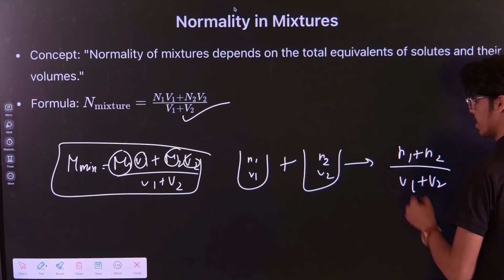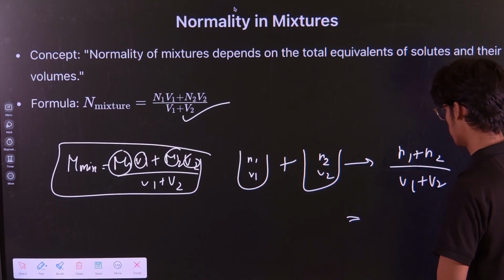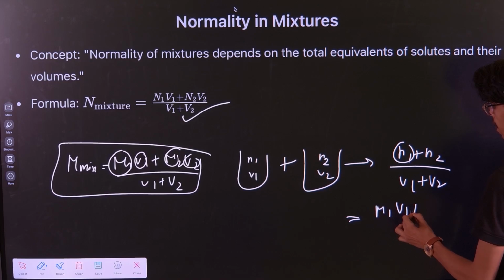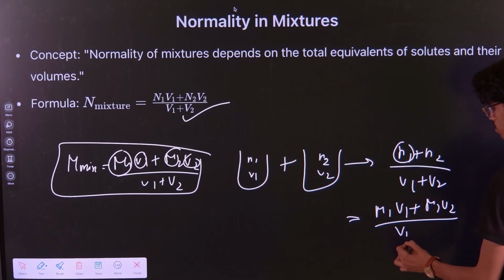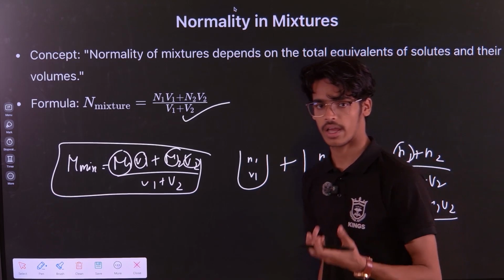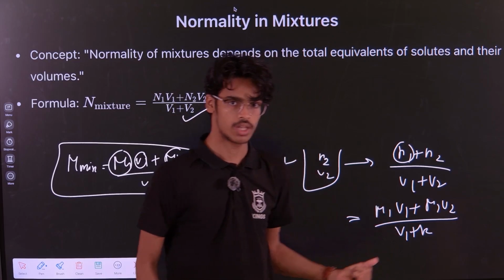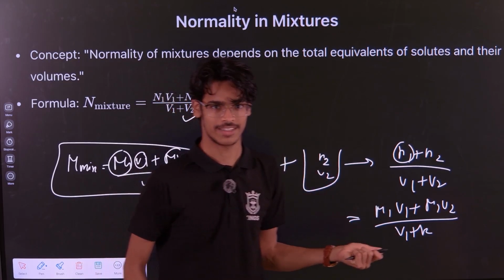Obviously, instead of N1 I can write M1 V1, and instead of N2 I can write M2 V2. Simple. That is the proof. Are you able to understand? When you are mixing two solutions into one, how can you find the normality?